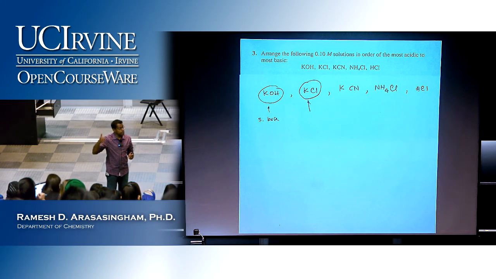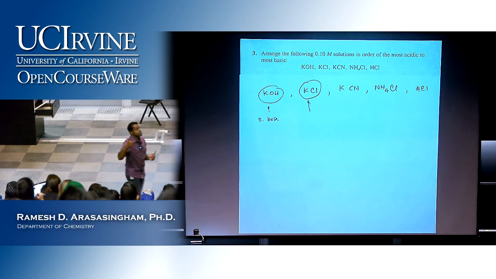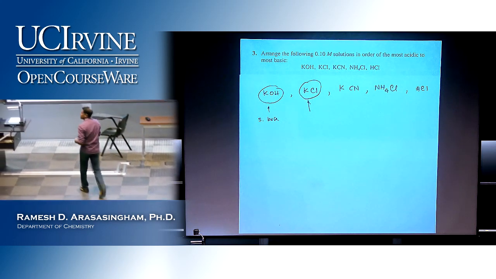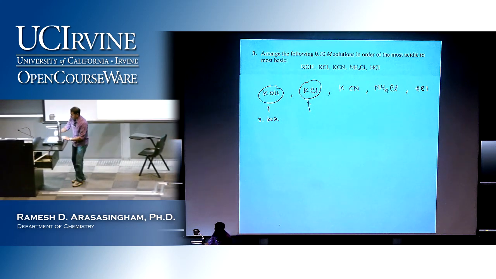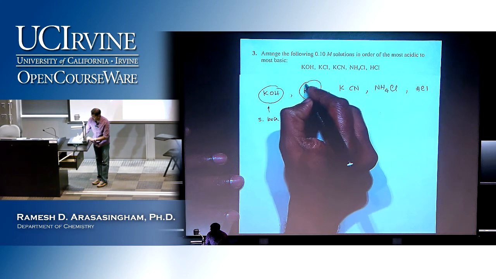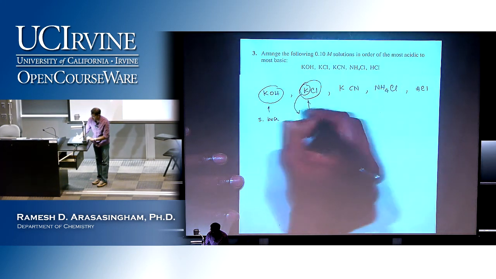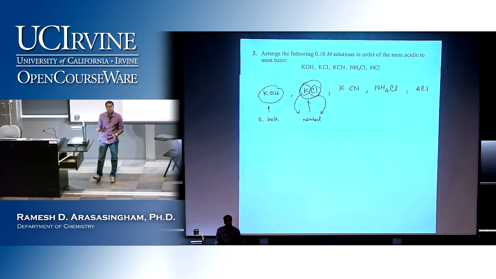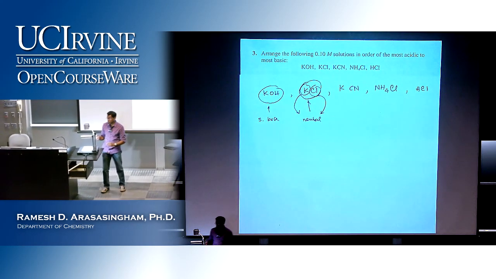It's the conjugate base of a strong acid, but a conjugate base of a strong acid is what? Neutral. So that means K plus is neutral, Cl minus is neutral, therefore this will be neutral. Okay? So each component will be neutral, and therefore this compound as a whole will be neutral.